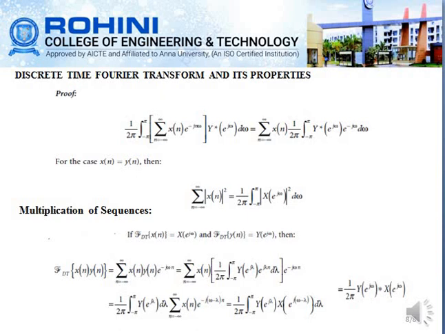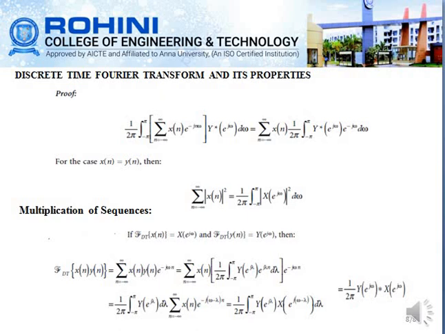Then multiplication of a sequence. So the Fourier transformation of x of n into y of n is equal to 1 by 2 pi into Y of e power j omega convolution of X of e power j omega. Proof. Replace y of n by the inverse Fourier transformation, and the Fourier transformation is given as summation n equal to minus infinity to infinity x of n.